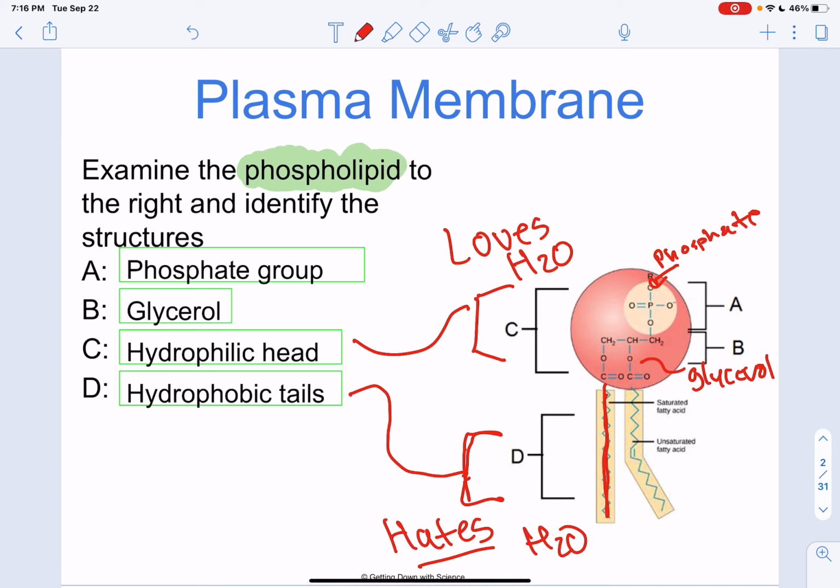And then we're going to have the unsaturated tail, which is going to be bent and kind of kinky. This is because it has fewer hydrogen bonds. It has double bonds that bend the molecule. And I'm going to write only single bonds for the saturated tail.